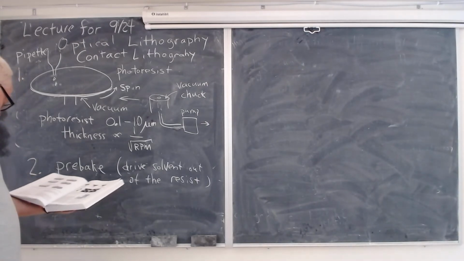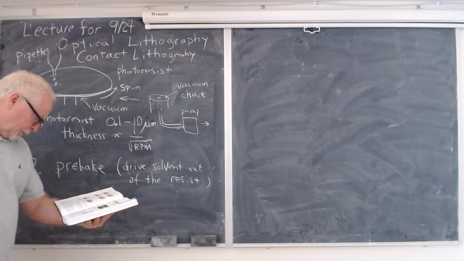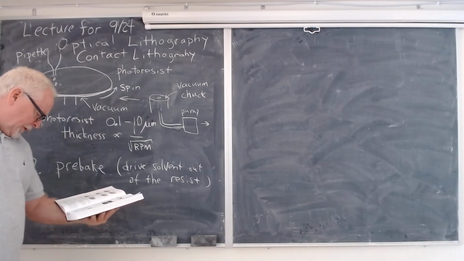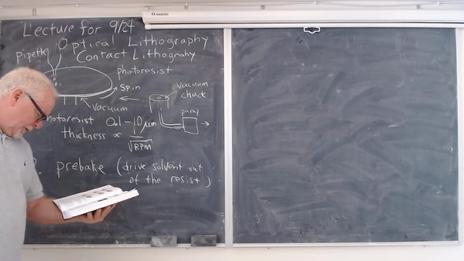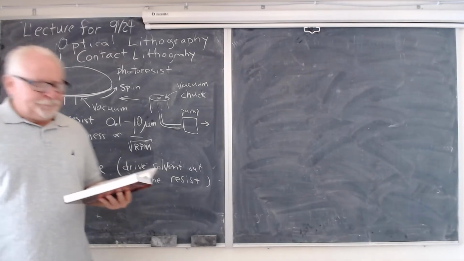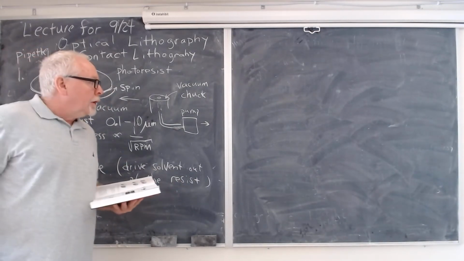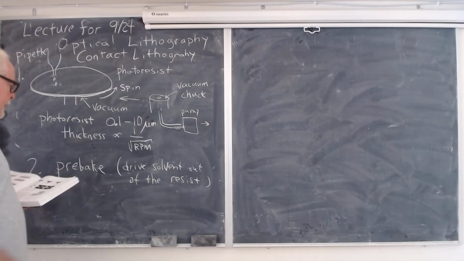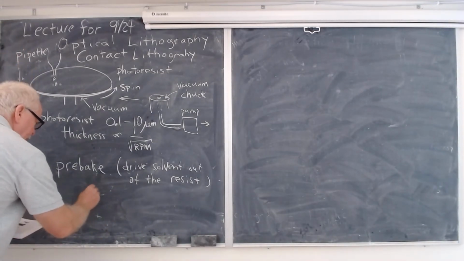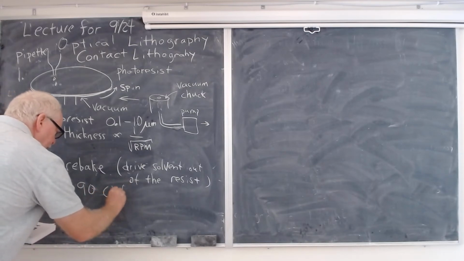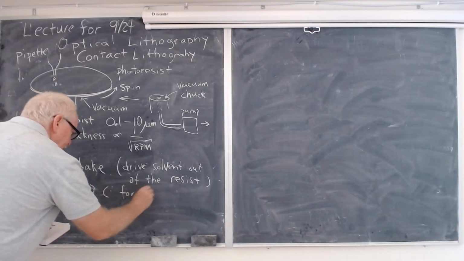So now, what did he put in here? The pre-exposure bake, 90 degrees centigrade for 30 minutes in an oven. I would never do a pre-bake for 30 minutes. Typically it might be 90 degrees Celsius for 30 seconds.